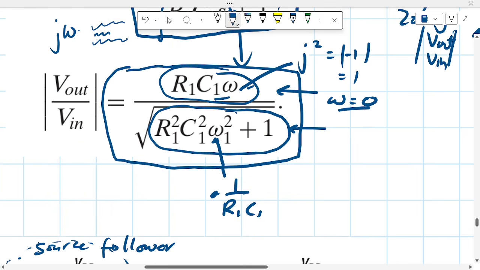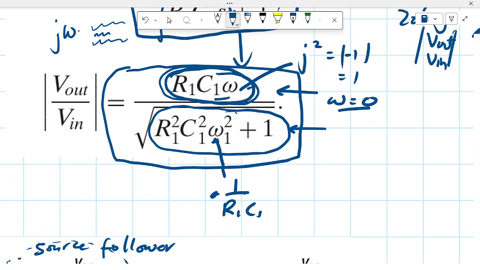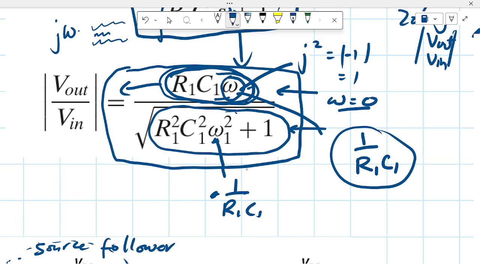looking back at this formula, what frequency would cause the zero not to attenuate the signal? If omega right here is equal to 1 over R1 C1, then we see that the zero here would not cause a reduction in the gain.